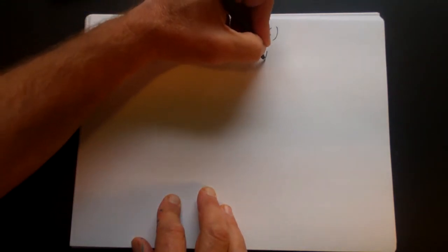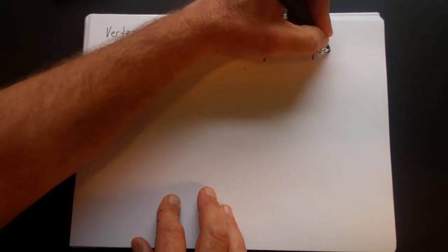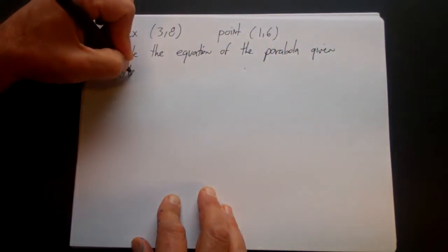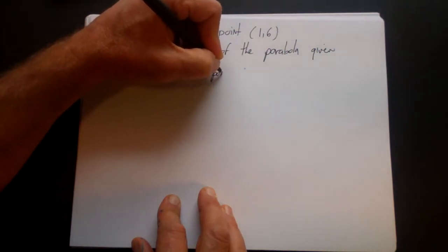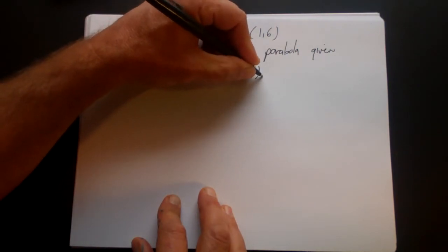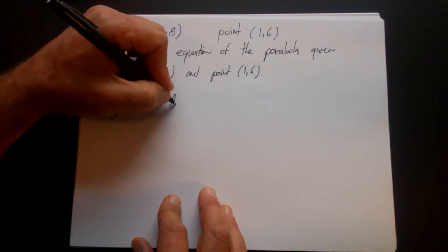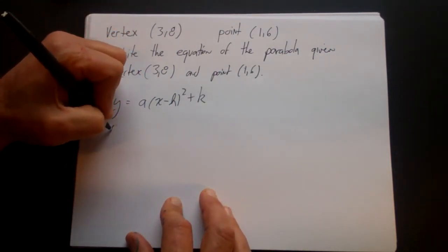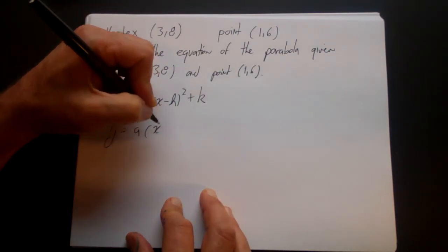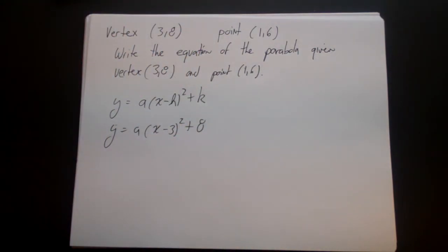So you're going to write the equation of the parabola given vertex (3, 8) and point (1, 6). So the first step, y is equal to a(x minus h) squared plus k. Have to remember that we use the vertex form. Let's plug in the vertex. y is equal to a(x minus 3) squared plus 8. Remember the h changes sign and the k doesn't. I'm going to go ahead and box that.